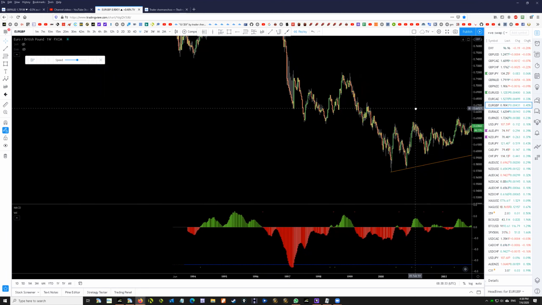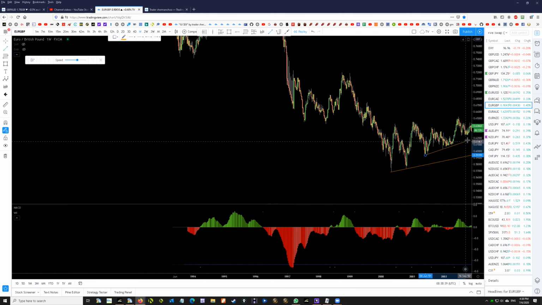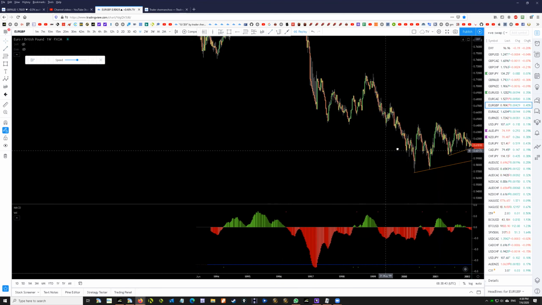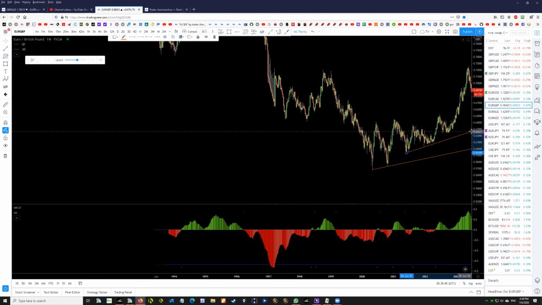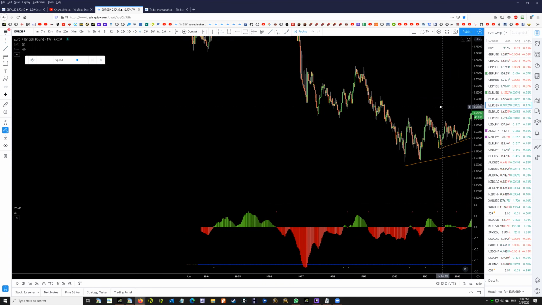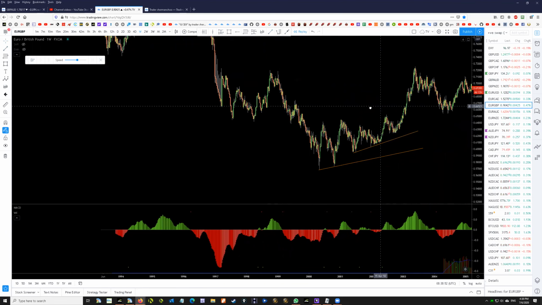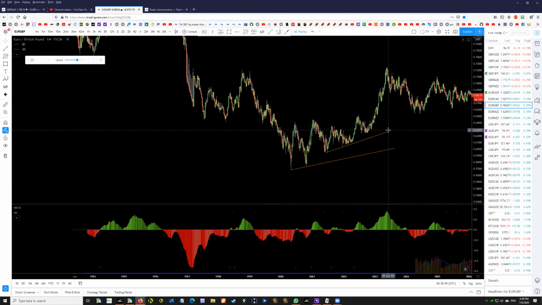And then price action went up, came down, and then you also have another one here, like so. Okay, so just connect the higher highs, like so. So price is staying above the weekly trend line. And then you don't do anything.